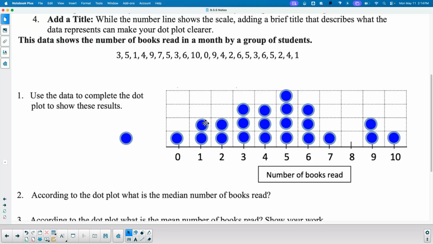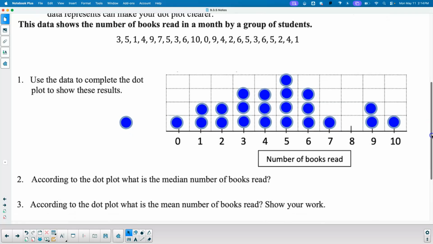Now, we can ask questions about that, because what the dot plot has also done for us is it has put our data set in order. Okay? It's arranged it so that now we have our data set in order from smallest to biggest. Okay? So according to the plot, what's the median number of books read?